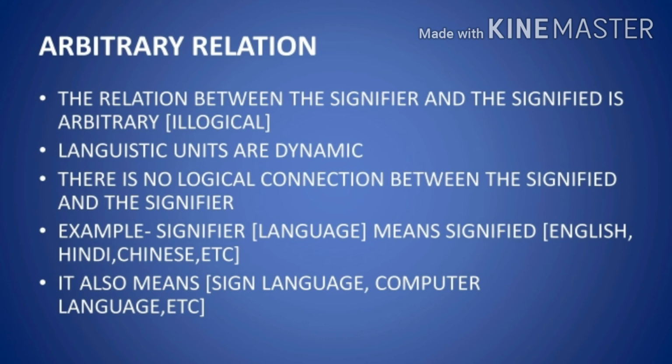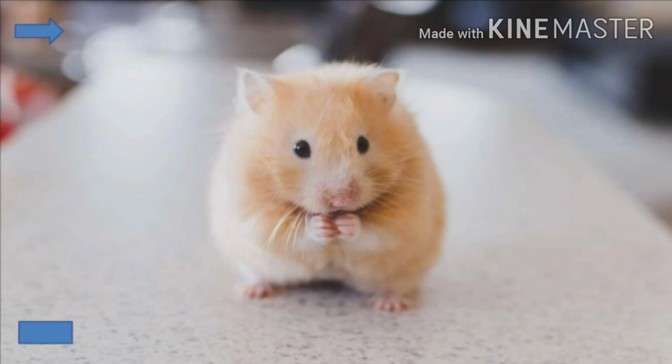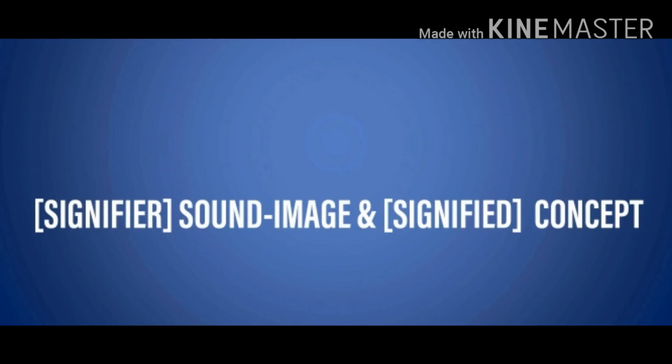Remember, Saussure said language is dynamic, right? So there is no inherent logic that the word mouse should only mean this idea of a rodent. So it can also mean the idea of this one. Okay? Saussure says that the relation is arbitrary between the sound image, that is the signifier, and the concept, that is the signified.